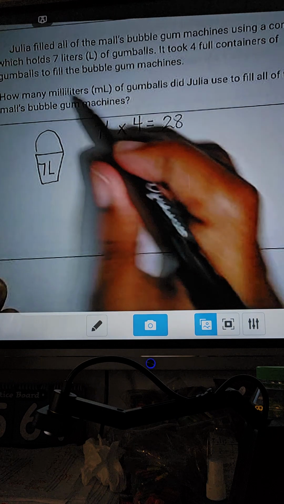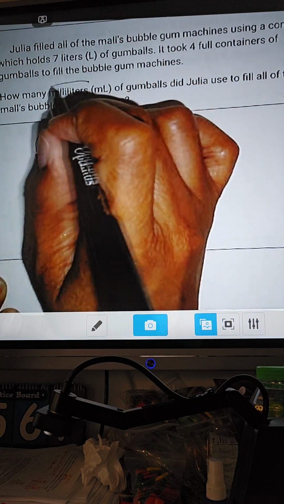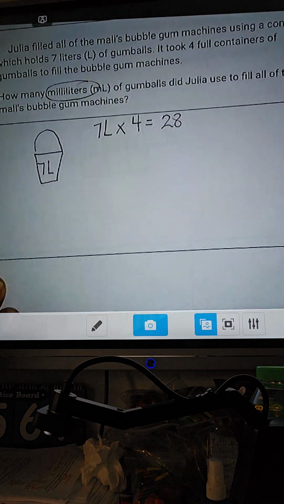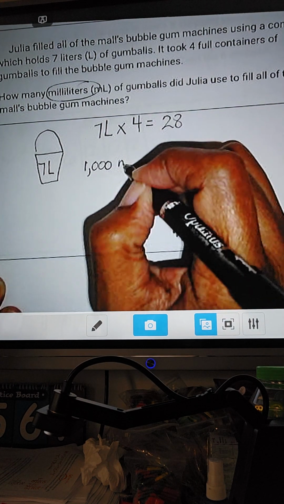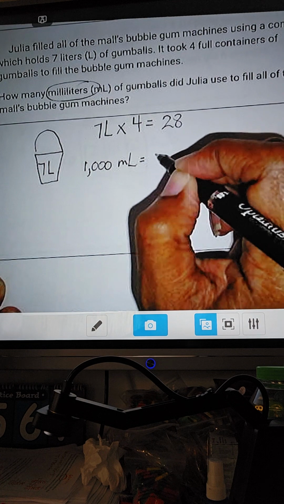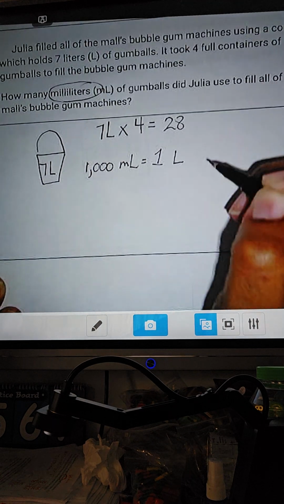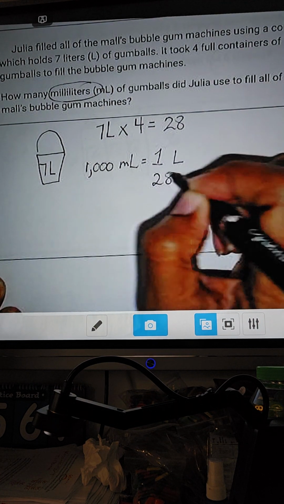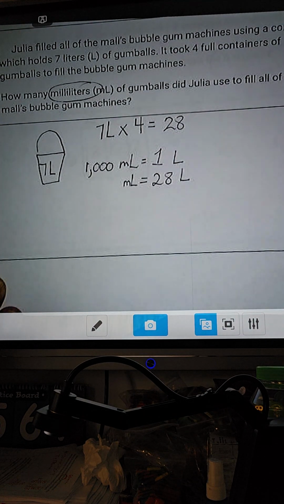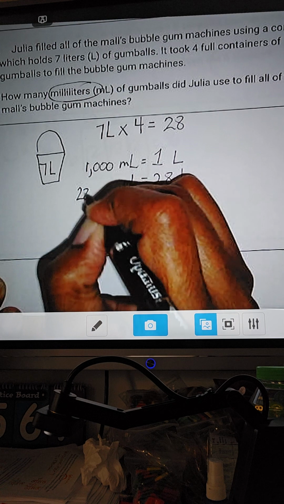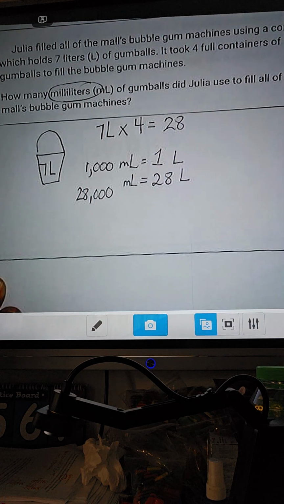But my question asked for milliliters. If 1,000 milliliters equals 1 liter, then 28 liters equals how many milliliters? 28,000 milliliters. Thank you. There's your answer.